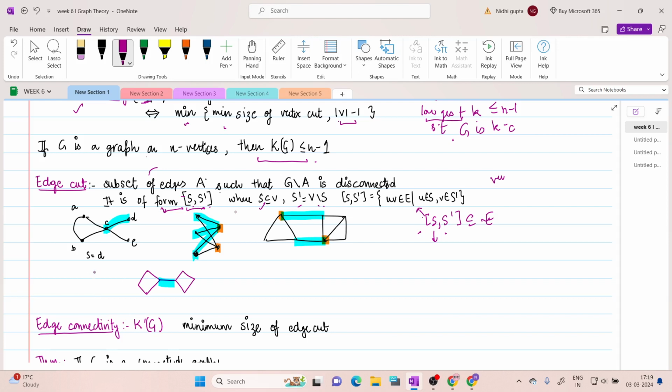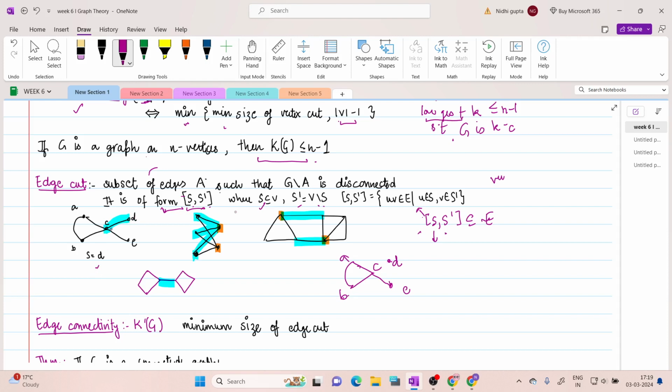So in this graph, if we remove the edge CD, the resultant graph has vertices D and E A B C separated, so the graph becomes disconnected.